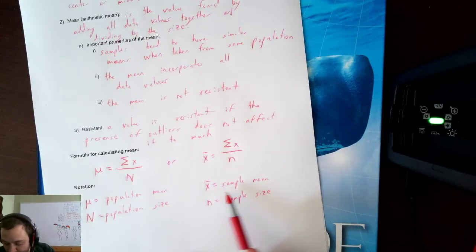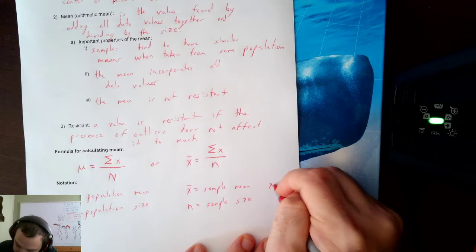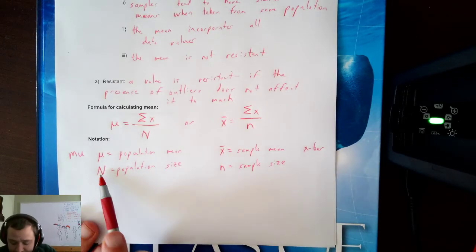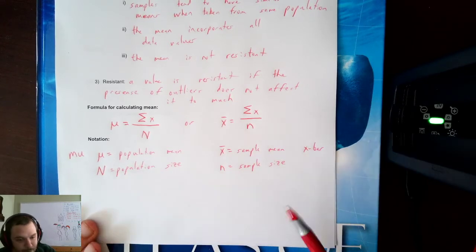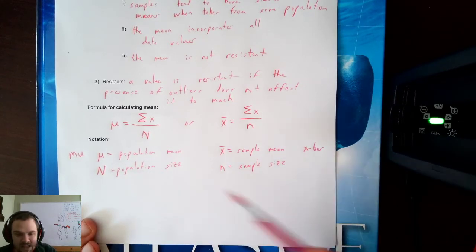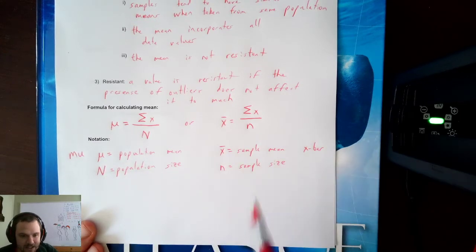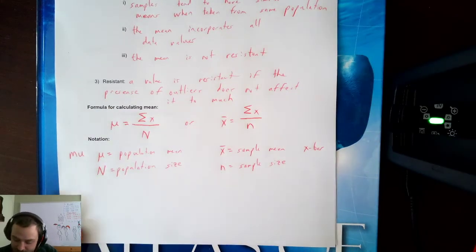If you're using a sample, you'll use x with a bar over it, called x bar. And similarly, big N for population, little n for sample. This is the size. N is the number of people in the population, or the number of people in the sample. We use big N for population, little n for sample, because populations are bigger than samples, right? Samples are subgroups of our populations.